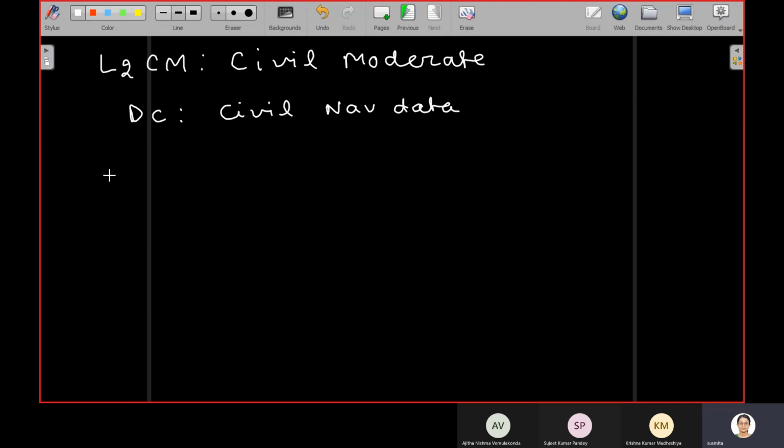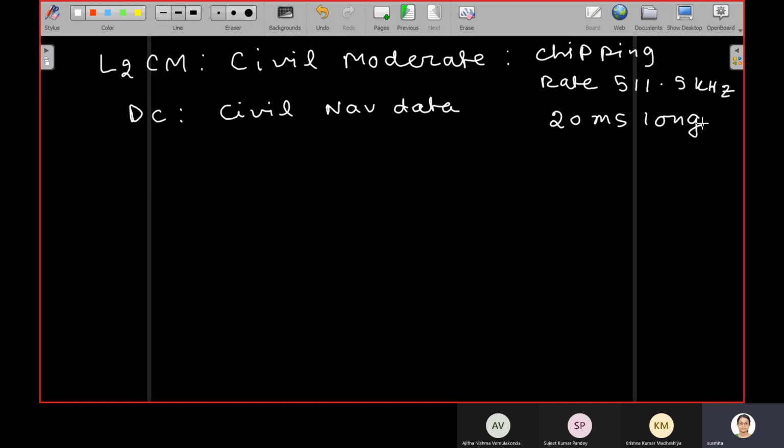This one has a chipping rate of 511.5 kilohertz, and it is 20 millisecond long. Just compare this with CA code. CA code is 1 millisecond long.